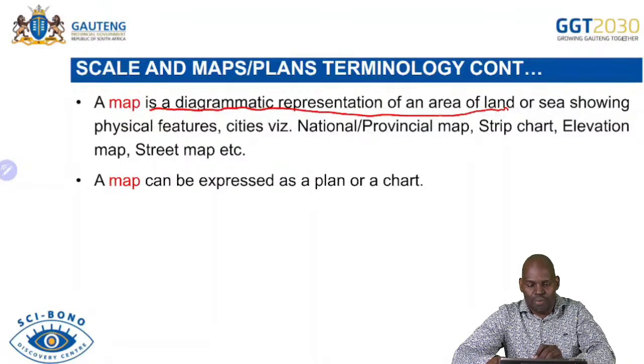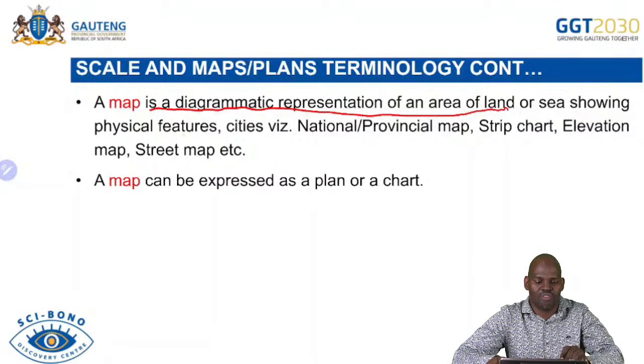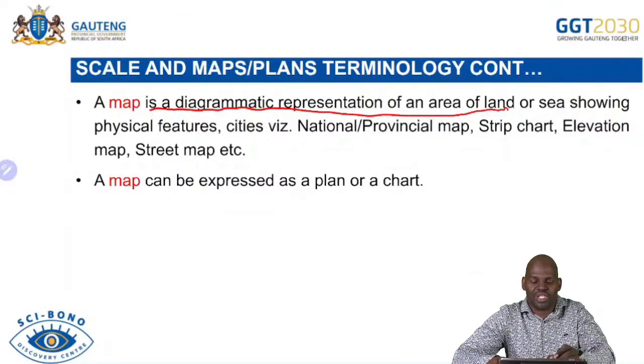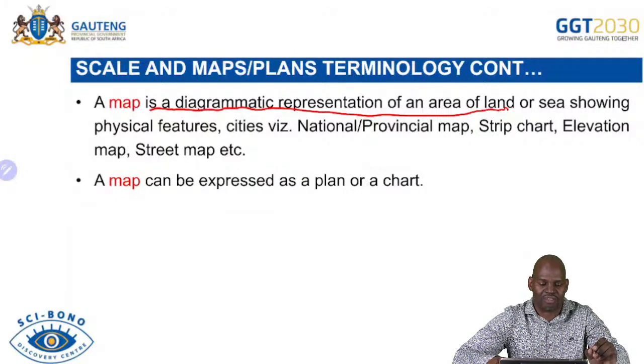But in broad terms, a map is a diagrammatic representation of an area of land or sea showing physical features, that is cities versus national, provincial map, street chart, elevation map, and street map. But if you look at this definition, boys and girls, it's actually very long. So you can just summarize it and say a map is a diagrammatic representation of an area of land, and that will be more than enough. And then again, a map can be expressed as a plan or a chart.